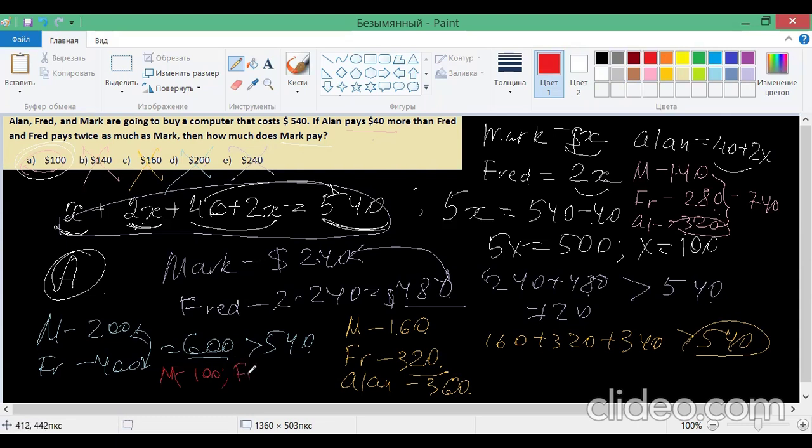Okay. Fred gives twice that, 200. And in this case, Alan gives 240. Yeah. If we add these numbers together, we got exactly $540, what they actually need to buy the computer.